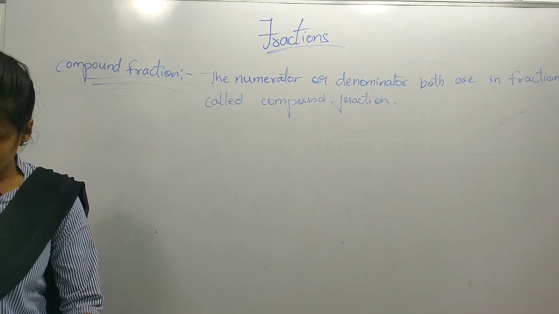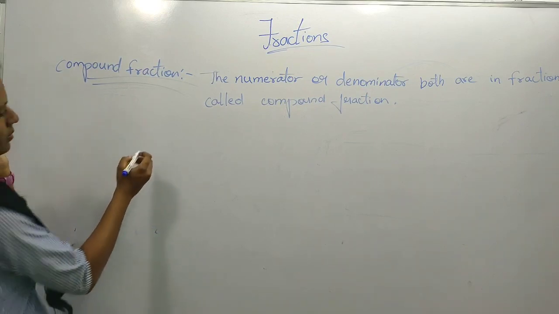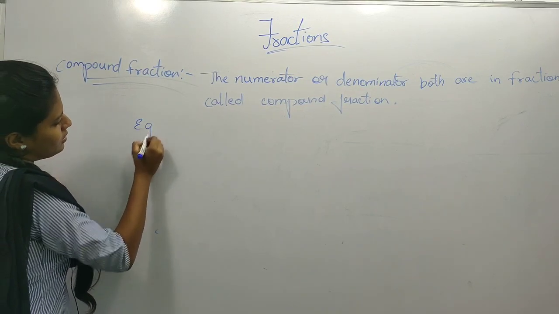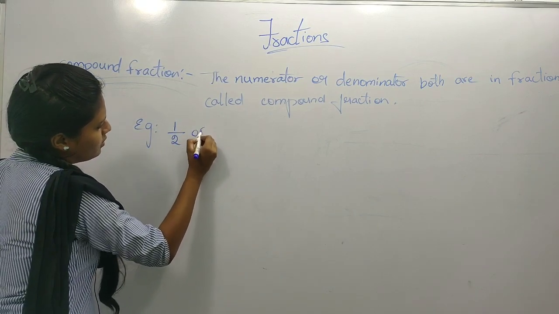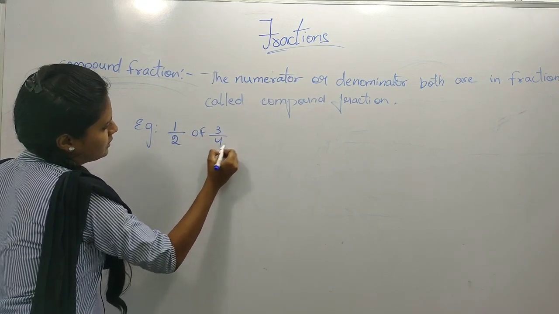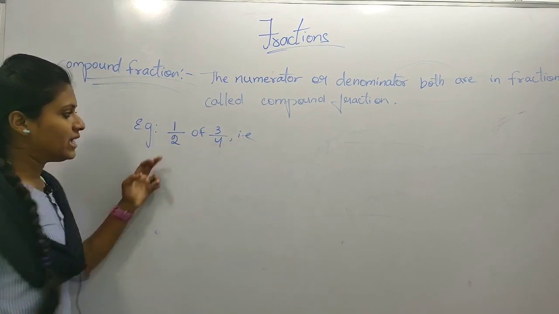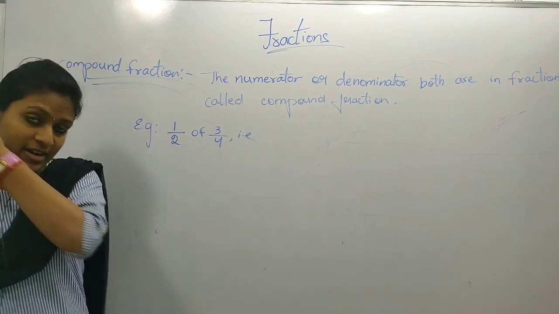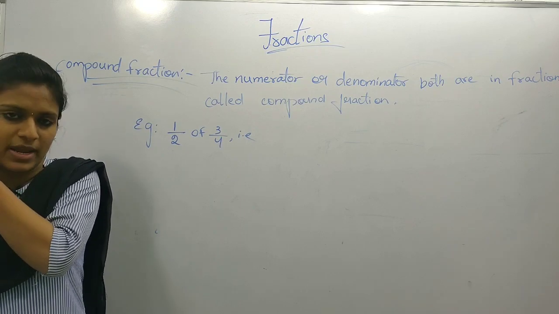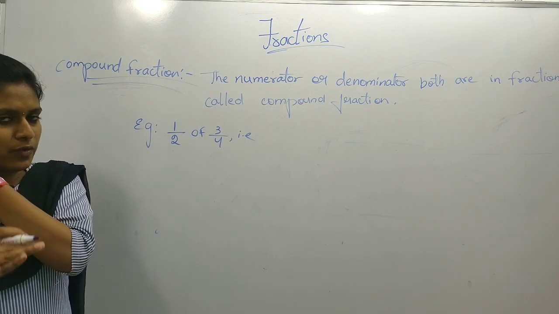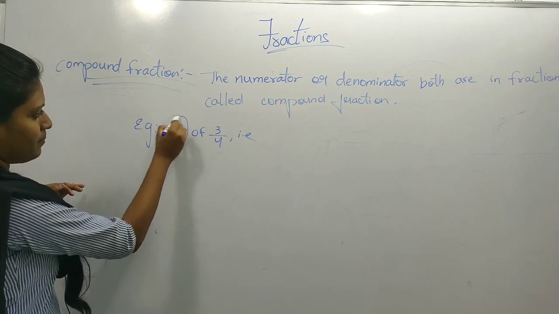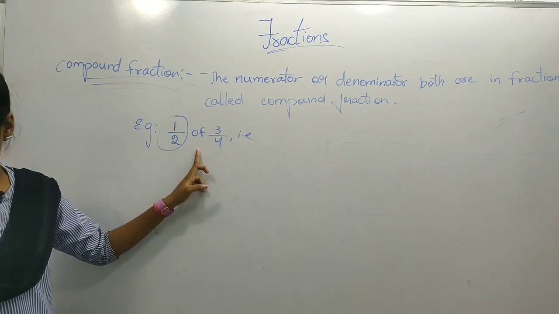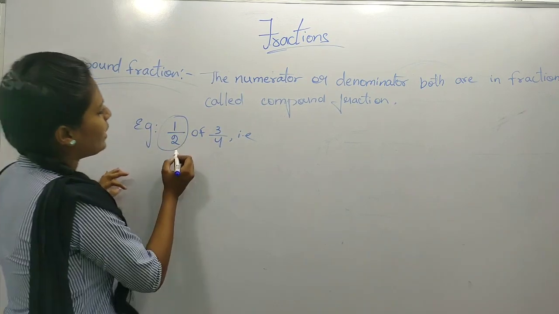Let's take an example. 1 by 2 of 3 by 4. See what I said, the fractions must be in 1 by 2 form, in this way. Next, how can you solve it?